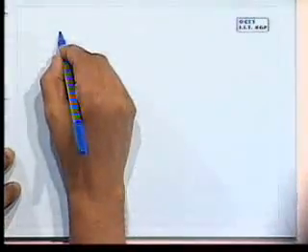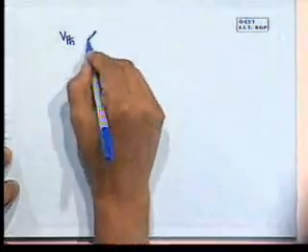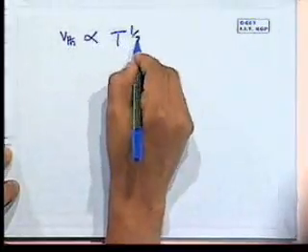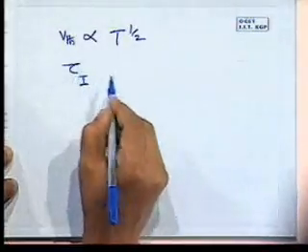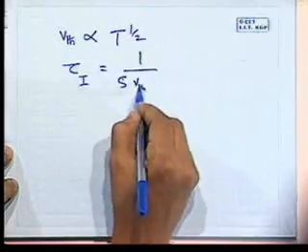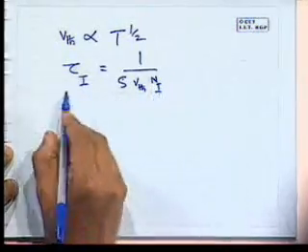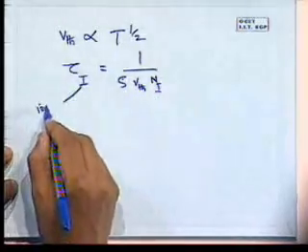Now when we look at thermal energy, the velocity, just as before we have the same T to the power half dependence. And so we can write then that tau I, which is equal to 1/S VTH Ni, where now I'm making this the scattering time due to ionized impurities.